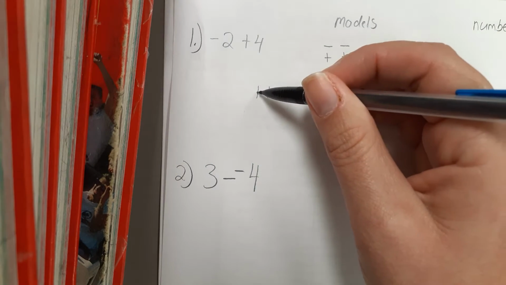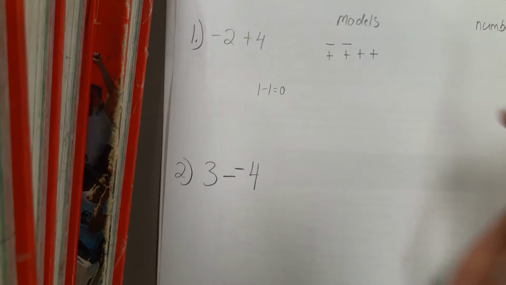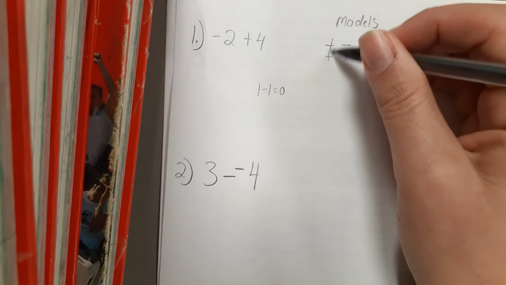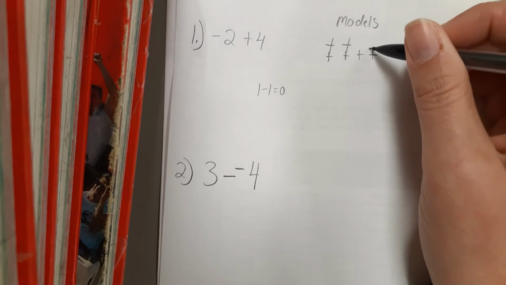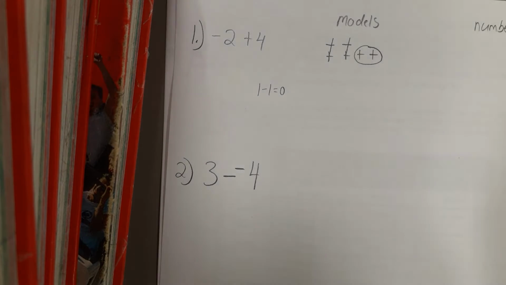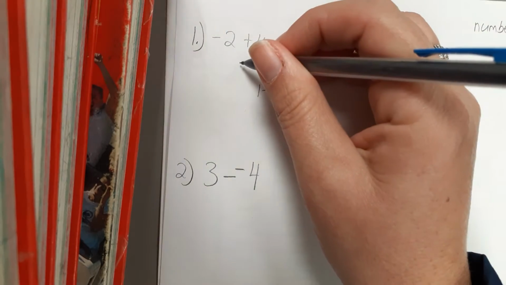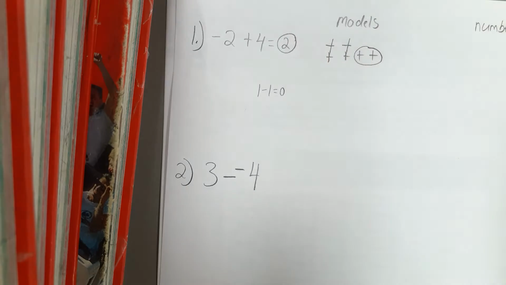So this is a +1 and this is a -1. That's always 0. This is why we cross out only positives and negatives. What you have left over is your answer. So what is our answer? +2. So this is going to equal +2.